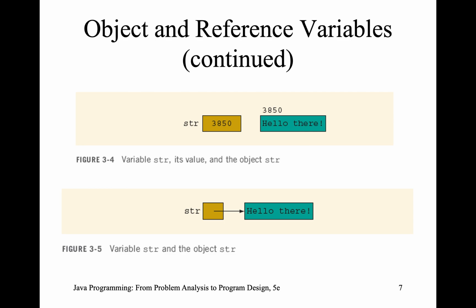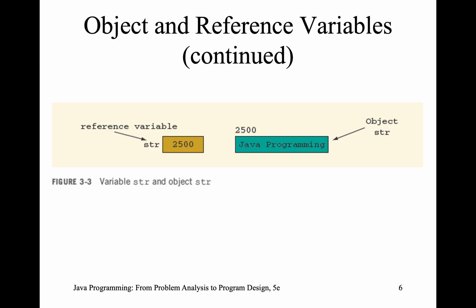In this slide, what we're looking at is if we create a string variable like we did here, and we assign it the string Java programming, the reference is where that string is, at this address. Just pretend this is the address where it's found.